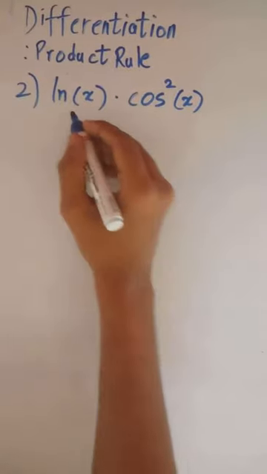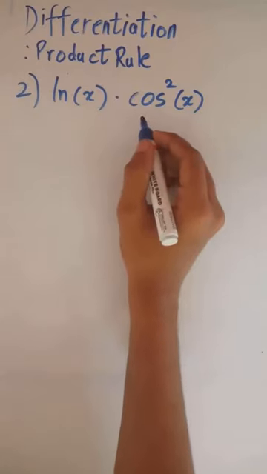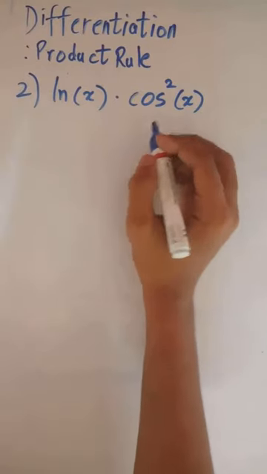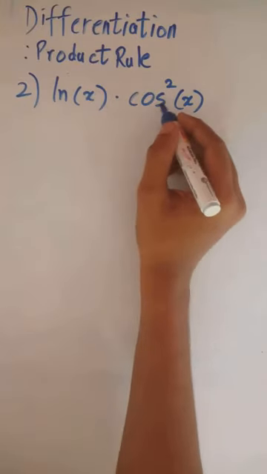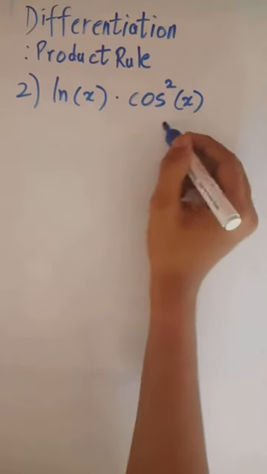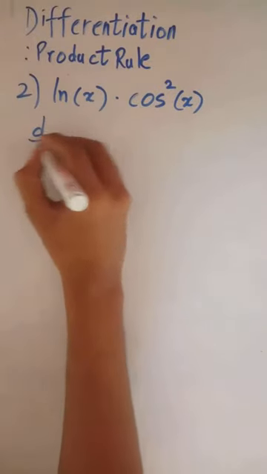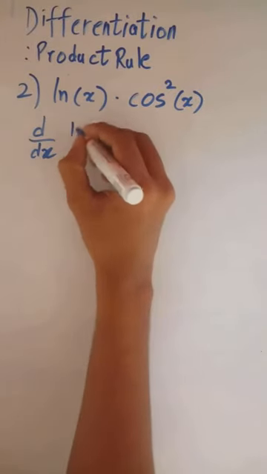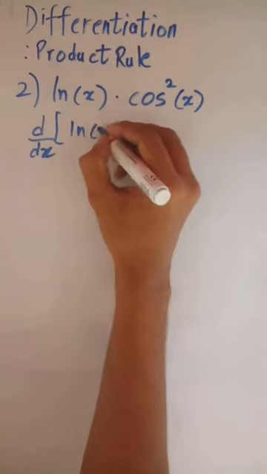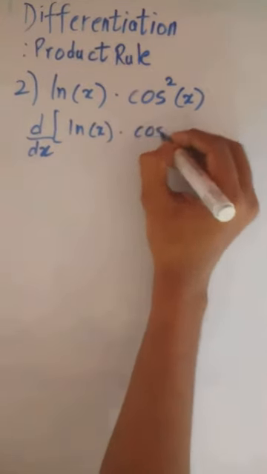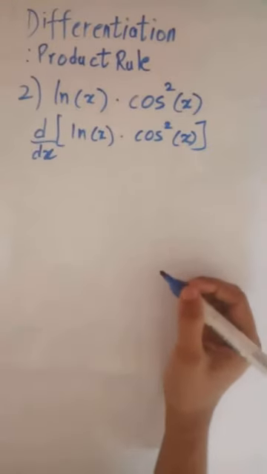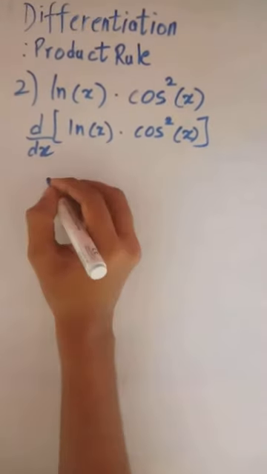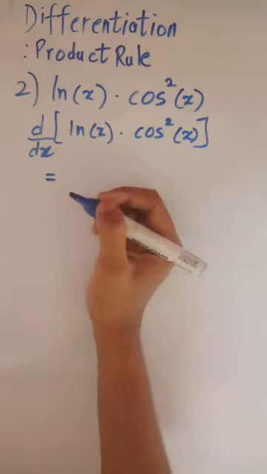For our second example, we have a slightly more challenging function. We have the natural log of x multiplied by the cos square of x, and we want to find its derivative, so the derivative of this whole expression. So again, we apply our formula.